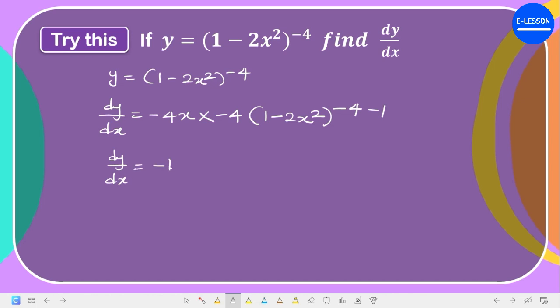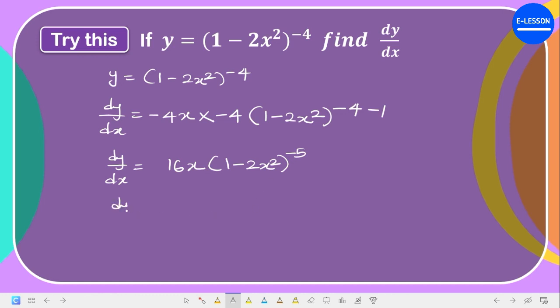This negative 4x times negative 4 will give us positive 16x. Bracket 1 minus 2x squared. Bracket power negative 4 minus 1 to give us negative 5.